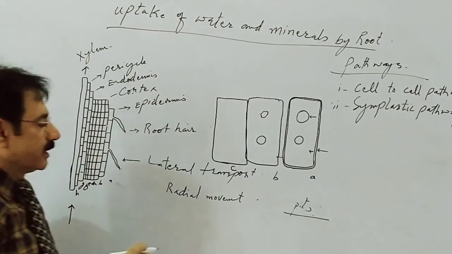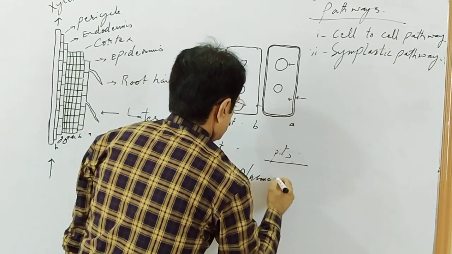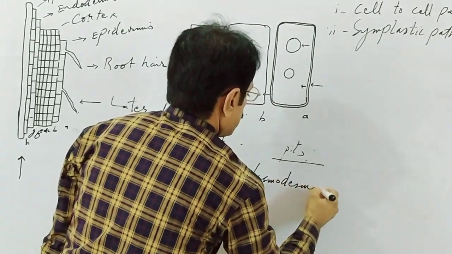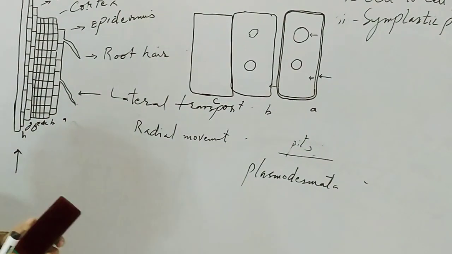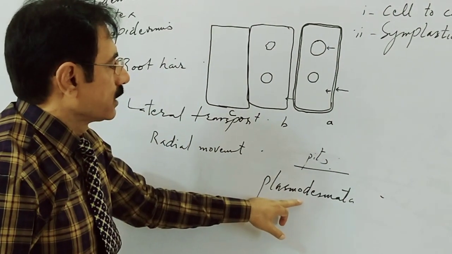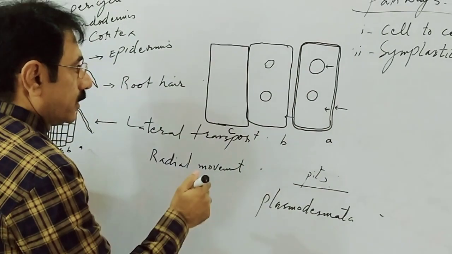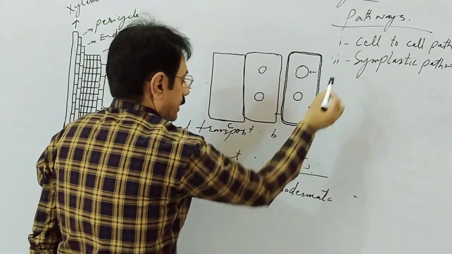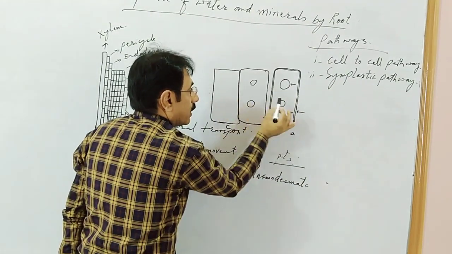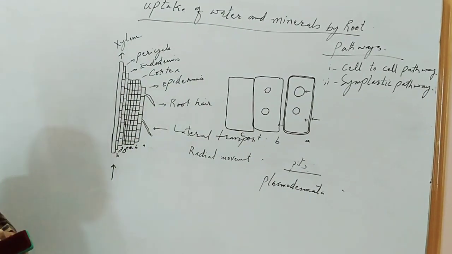Through these pits, the cytoplasm of the neighboring cells is connected to one another. These cytoplasmic connections are called plasmodesmata. Now, the water that flows through the plasmodesmata, this pathway is called the symplastic pathway.